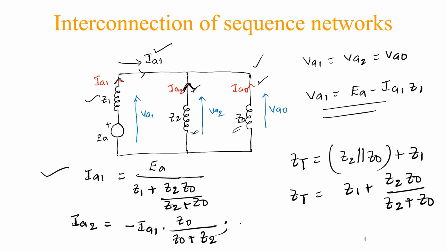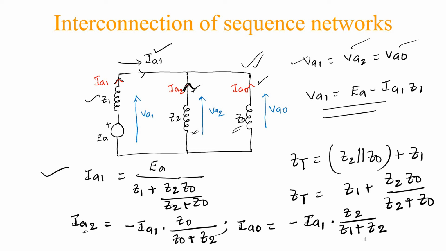So we got IA2. Similarly, the current IA0 is equal to minus IA1 into, since we are finding the current in this branch, the opposite branch impedance Z2 by Z1 plus Z2. So now we got all the quantities IA1, IA2, IA0, then the voltages VA1, VA2 and VA0.